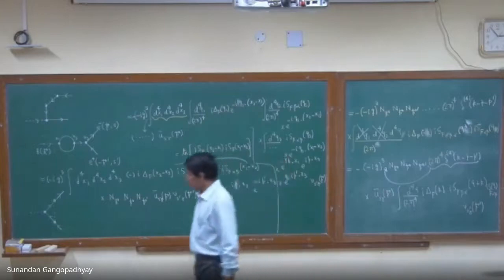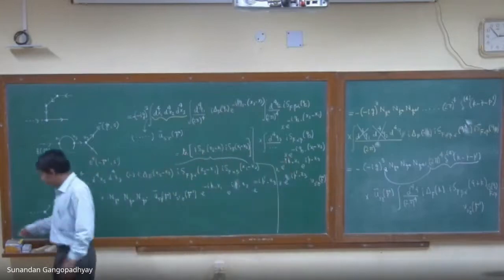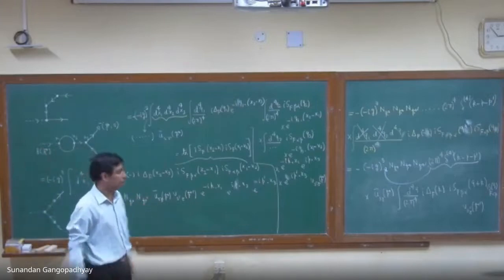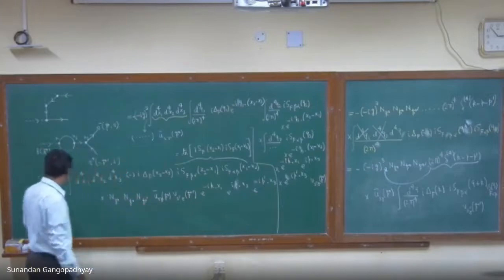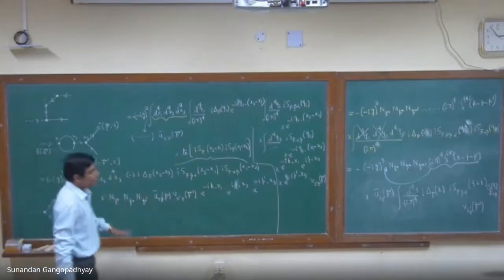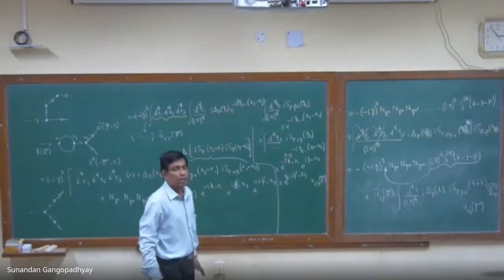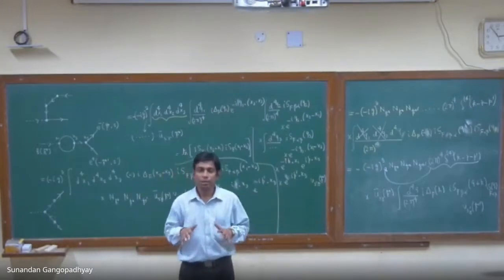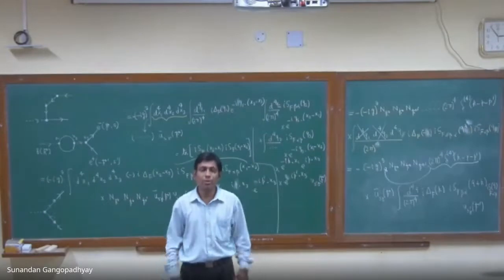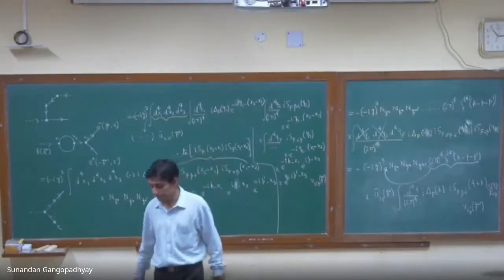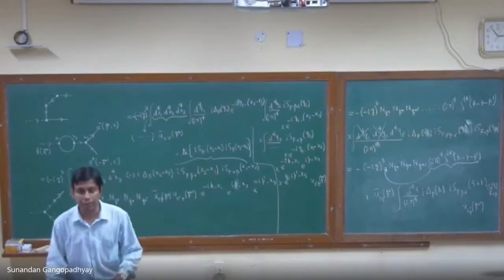What is left to do here, what you can calculate at least at the tree level. At the tree level, you have only the vertex, right? And we have already calculated the matrix element for that. From there, what you can do at home is see how you can extract the lifetime from that matrix element, how you can calculate the lifetime of the decay process.